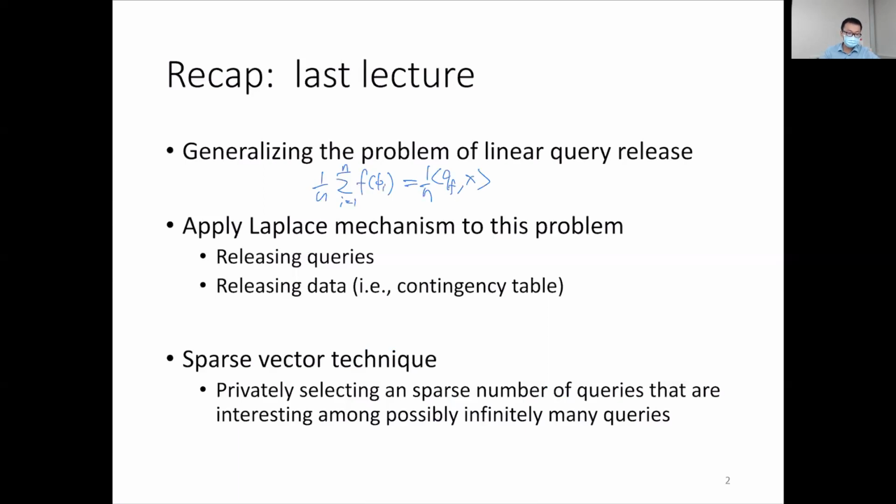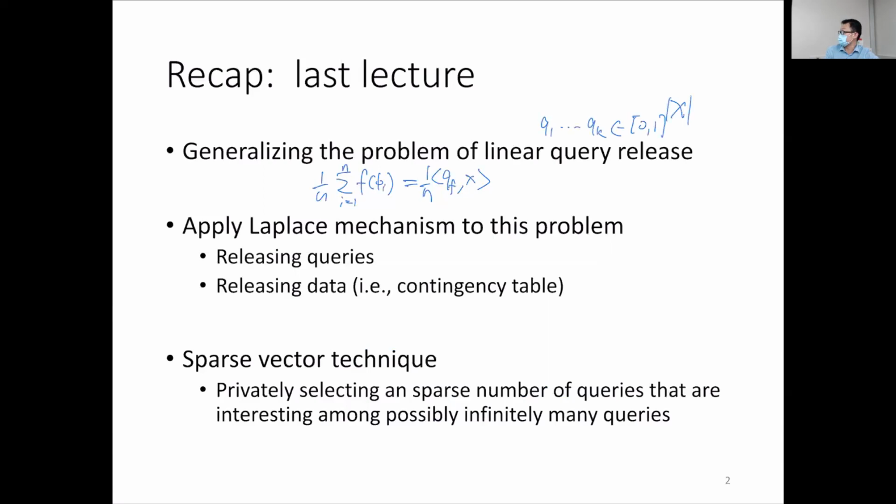And for this family of problem, we've applied Laplace mechanism to release a sequence of linear queries Q1 to Qk. And all of them, again, they are in, say, 0, 1 to the space of the data space. So this X is again a data space.